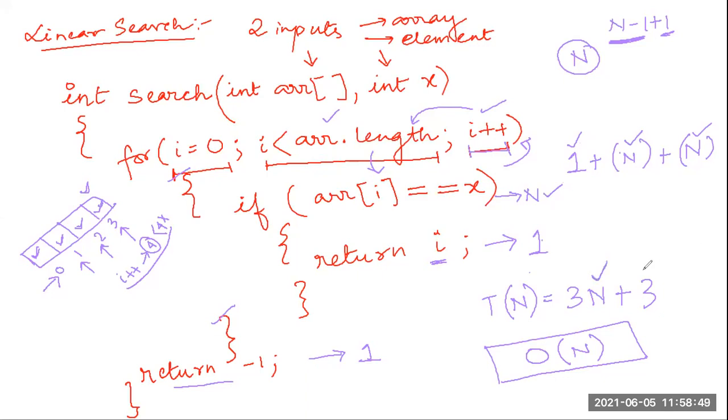So I will ignore the constant term, and this gives me order of n. If in adding up I saw something like 3n square plus 3, then my order would have been order of n square. Okay. So this is the entire analysis.